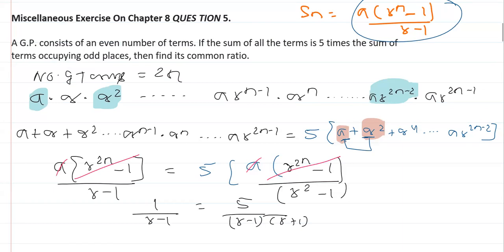Even r minus 1 and r minus 1 get cancelled here. So with cross multiplication, what do we get here? r plus 1 is equal to 5, that implies r is equal to 4. So this should be the final answer of this working.